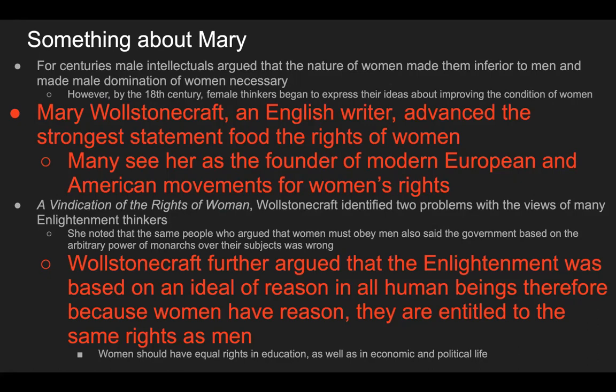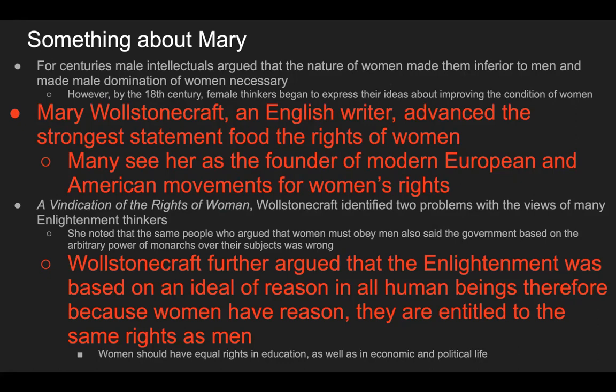It's not wrong. Wollstonecraft further argued that the Enlightenment was based on an ideal of reason in all human beings. Therefore, because women, as the previous philosophers stated, have reason, they are entitled to the same rights as men. I mean, if the philosophers didn't say all human beings, maybe this doesn't start.